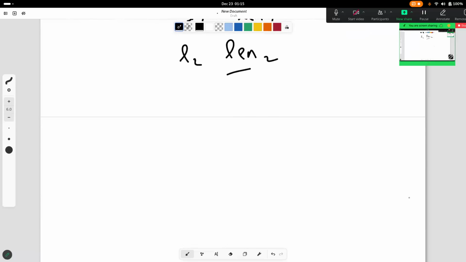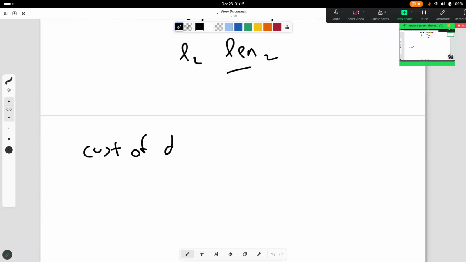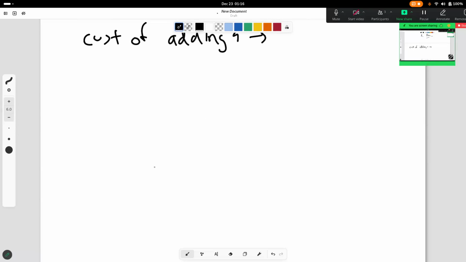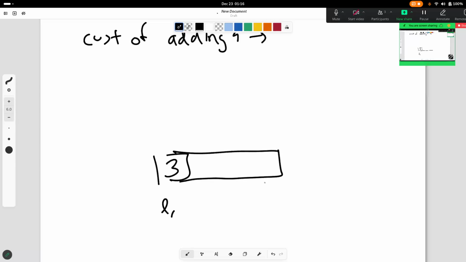And if you actually look at what this adds to our score, what is the cost of adding 4? Before this, we had this 3, and this 3 was up to L1, and it traveled at max up to length 1.